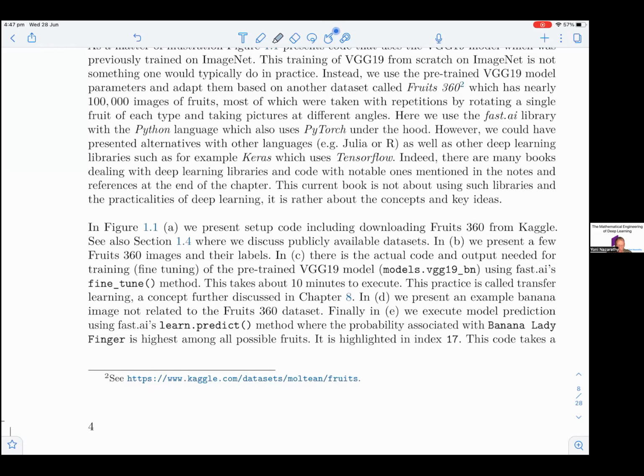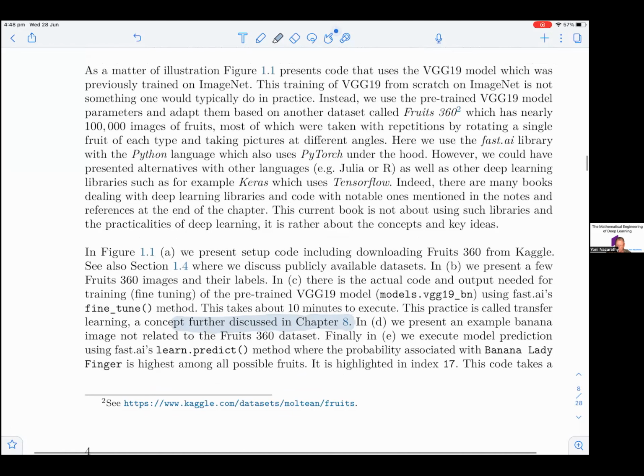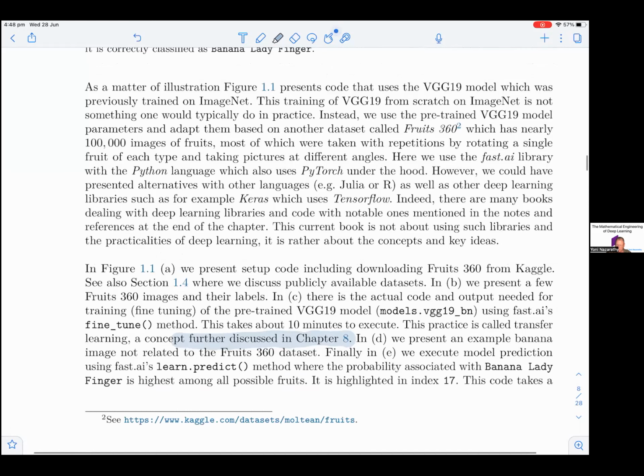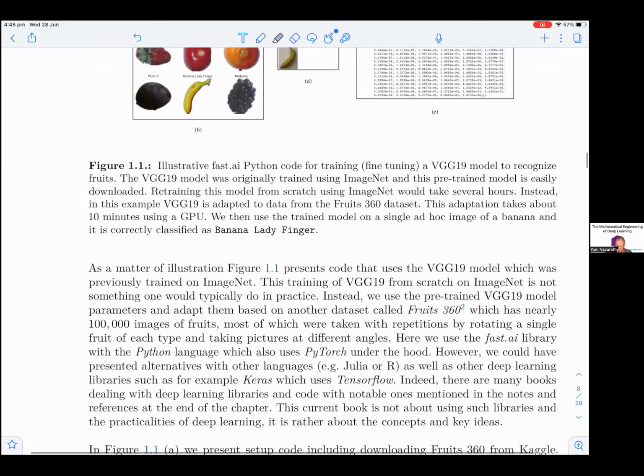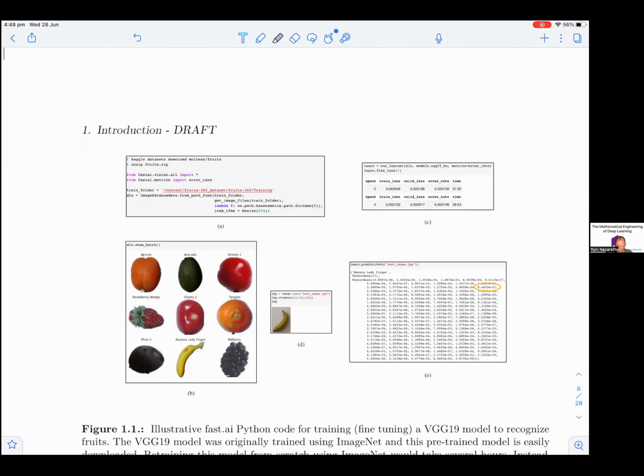This practice is called transfer learning, a concept discussed later in the remainder of the book. So this is easy to use, learn, and fine-tune.